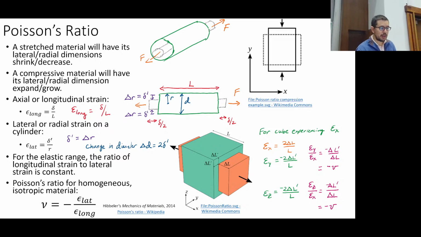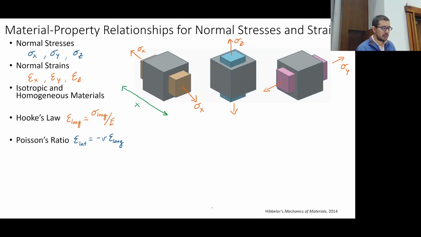Here's a little bit more about it. Normal stresses: sigma x, sigma y, sigma z. Normal strains: epsilon x, epsilon y, epsilon z. Isotropic and homogeneous materials means I can take a cube and it's going to behave the same way if I pull it in x, y, or z.